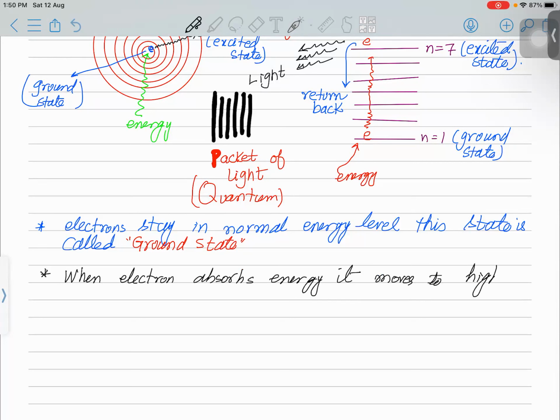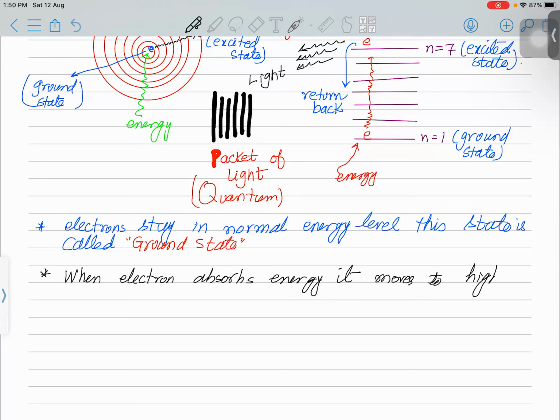So orbital is a place in the orbit, or within the orbit, where there are maximum chances to find an electron.